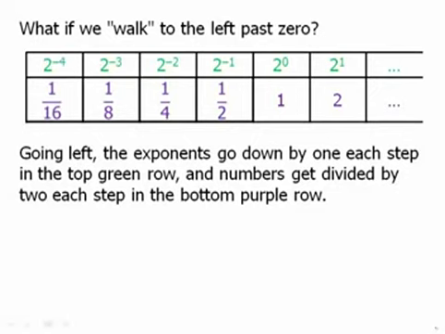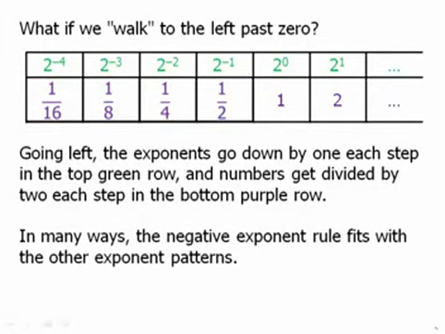And you see this same pattern continues perfectly for both the positive and negative numbers. In many ways, the negative exponent rule fits with the other exponent patterns very well. And the more you appreciate how they all fit together as a seamless whole, the more you will really understand this rule.